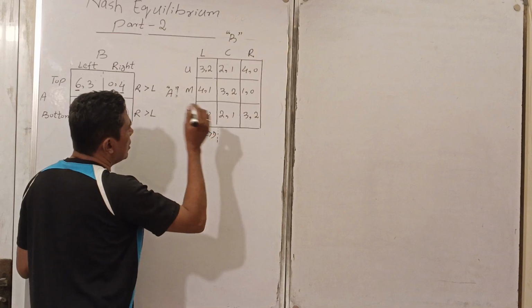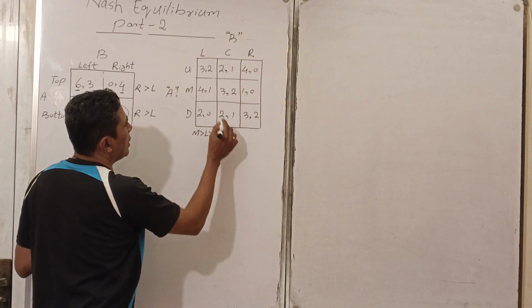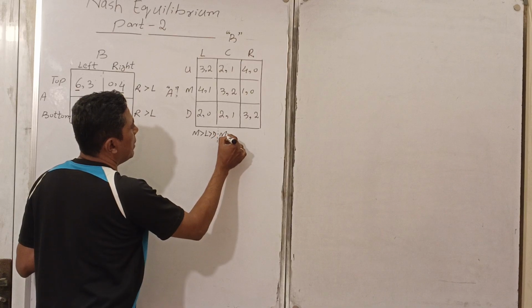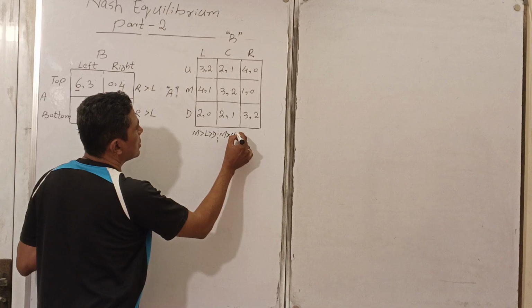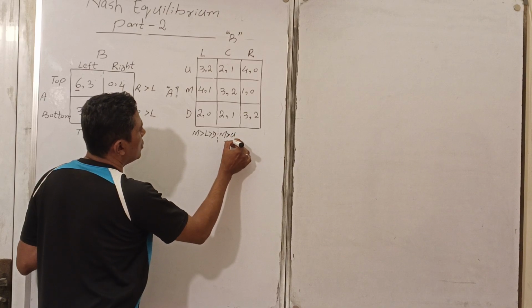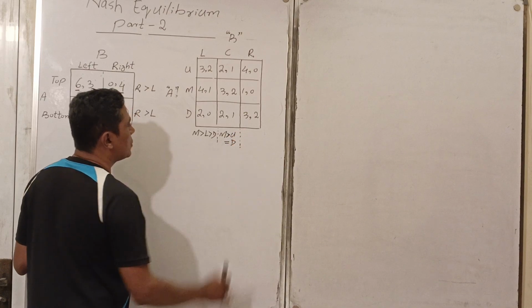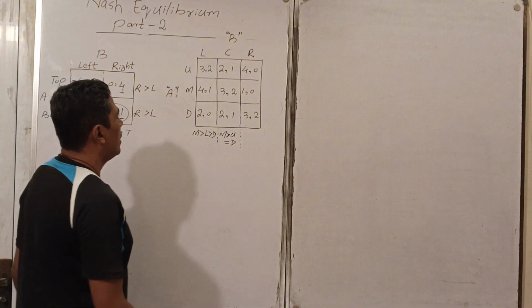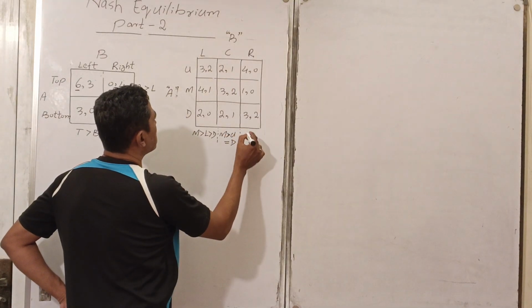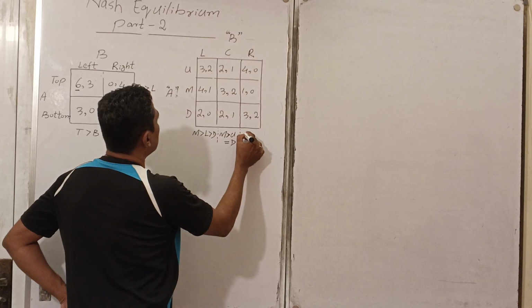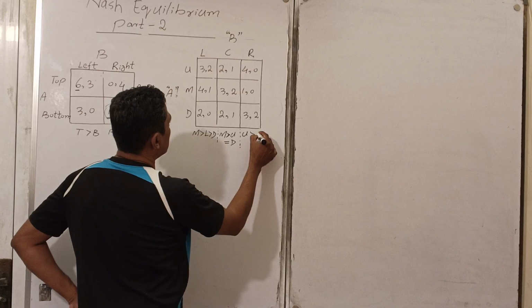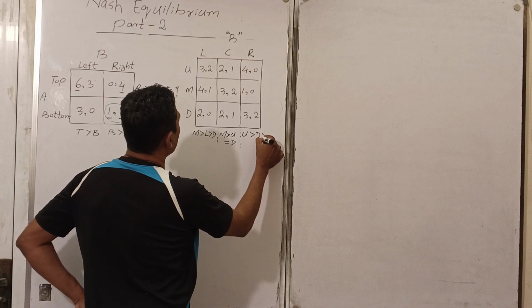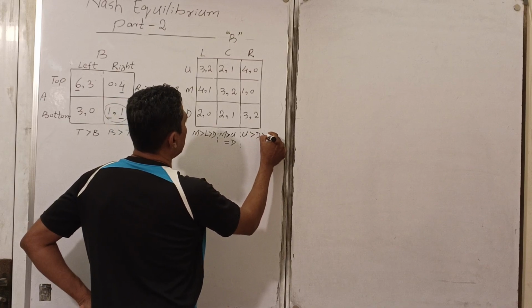Compare this one, M better than U, and U equal to D, and similarly this one, U better than D, and D better than M.